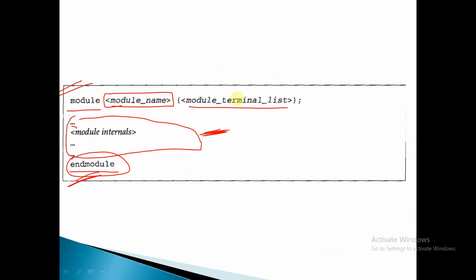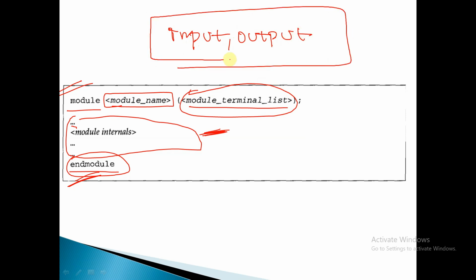This is how you mention your module terminal list, with the help of the keywords input and output. These two keywords tell what the input ports and the output ports are.